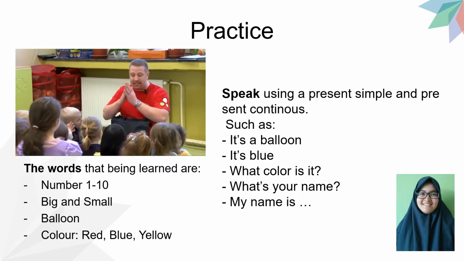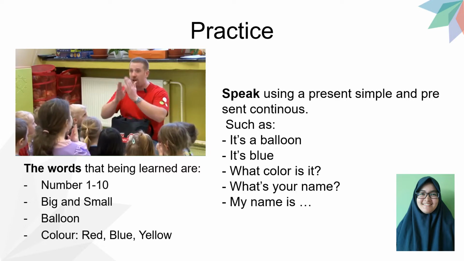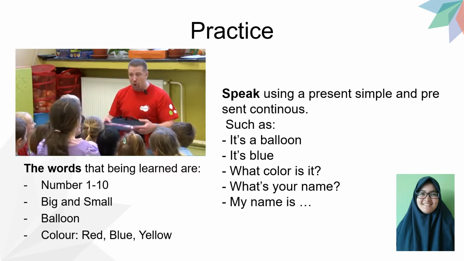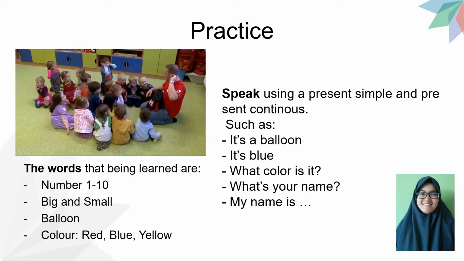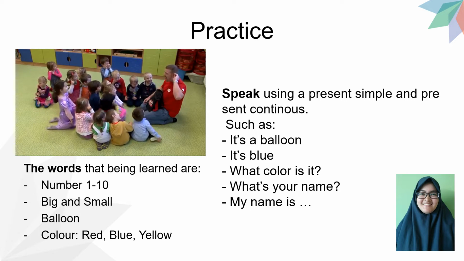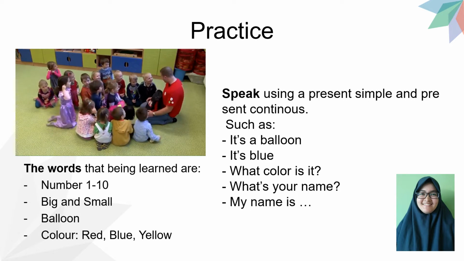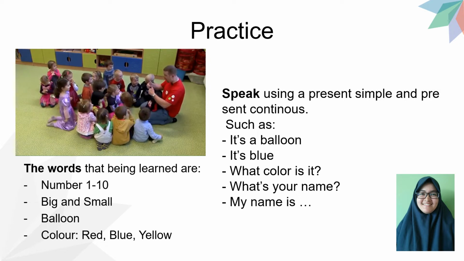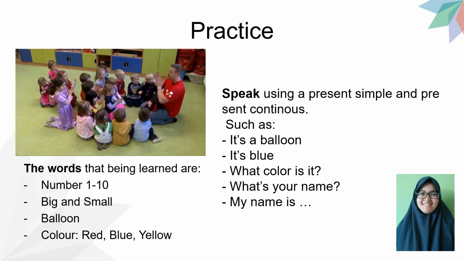So there are only 3 words that are learned in this video, which are red, blue, and yellow. I think the main learning content introduced in this video is the colors. Then, how the teachers practice with the students to learn English.